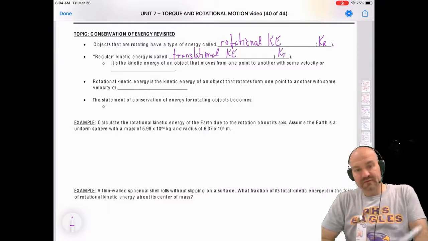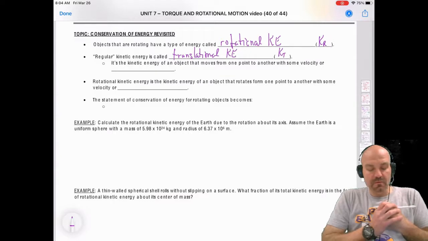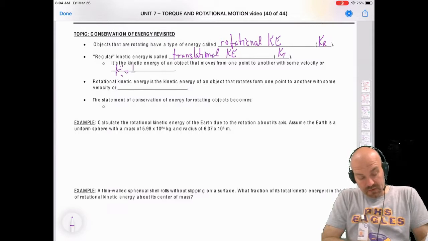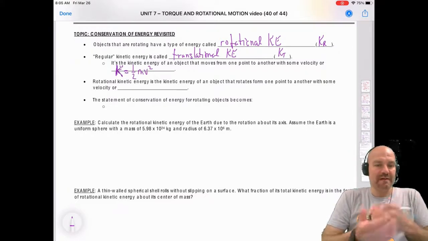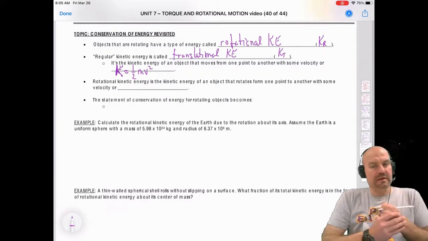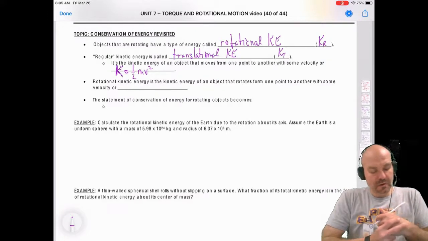And it's going to be K sub T. Now, it is the kinetic energy of an object that moves from one point to another, or with some velocity, or we can use the equation K equals 1/2 mv squared, right? That's just our regular kinetic energy of 1/2 mass times speed squared. Again, remember that kinetic energy, or all energy, is a scalar quantity.